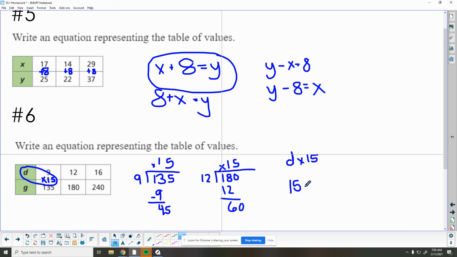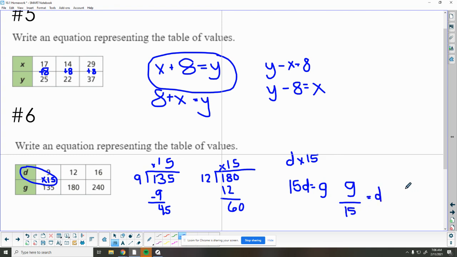So 15D equals G. So we could write this in many different ways. I could say G and I could divide by 15 and say that equals D. I'm getting myself all confused, I just need to write them down.